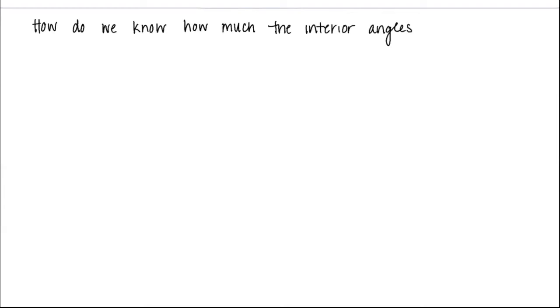We'll see how long it takes. So we want to figure out, how do we know how much the interior angles should add up to? To do that, let's think of a triangle.